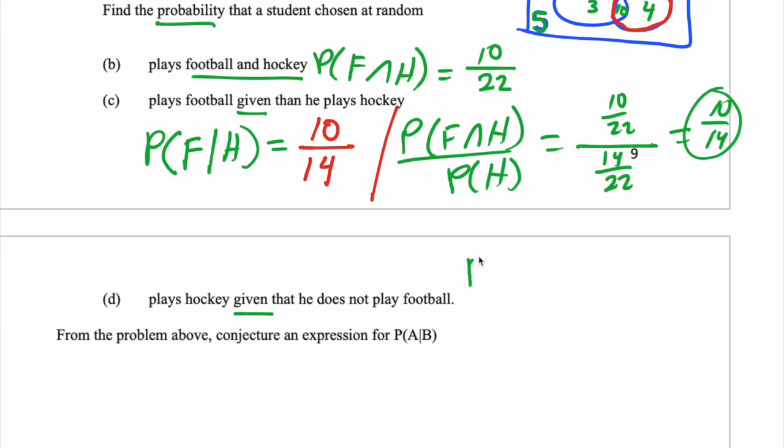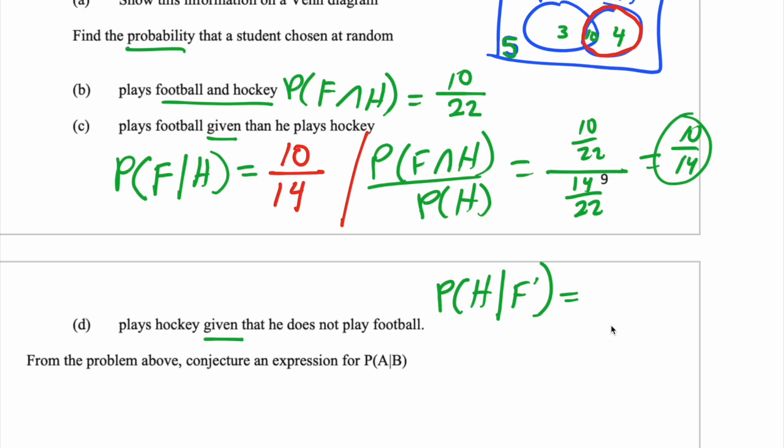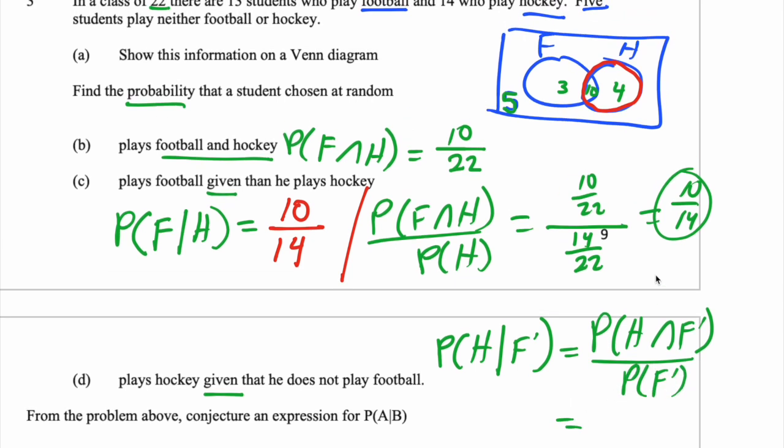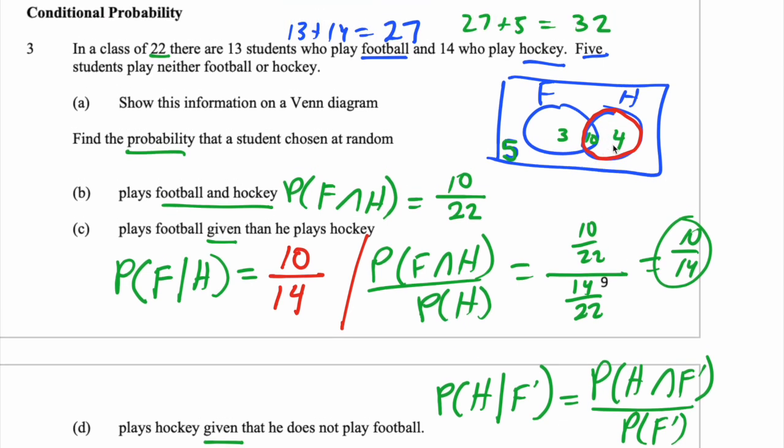Okay, plays hockey, given not football. Okay, let's use the formula this time. Hockey and not football divided by probability of not football. Okay, hockey and not football. How many people play hockey but not football?